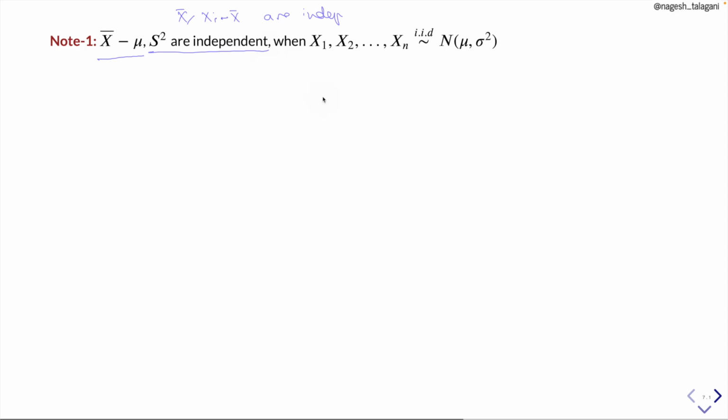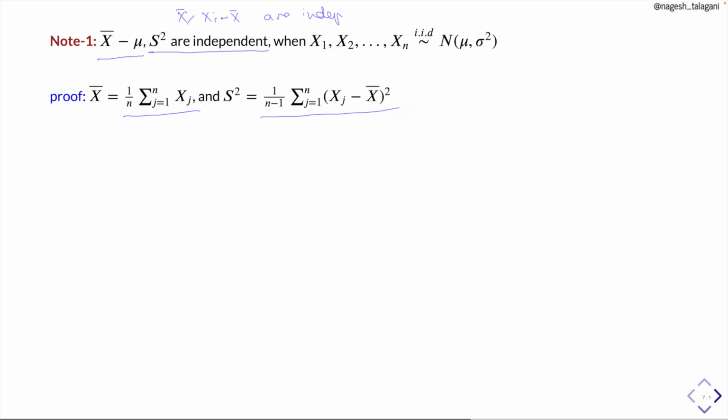Fine. Proof. First we know x bar equal to 1 by n summation j equal to 1 to n xj, s square equal to 1 by n minus 1 summation j equal to 1 to n (xj minus x bar) whole square.